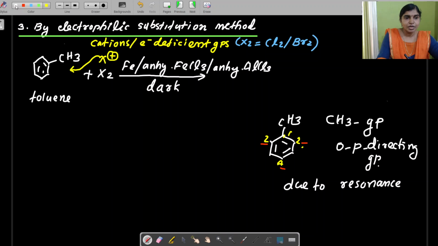All are more electron rich than the other positions, so here there is possibility for the attachment or the substitution of the electrophile. Electrophiles are electron loving, so if these centers are more electron rich, this halogen will be substituted there because this is electron deficient.